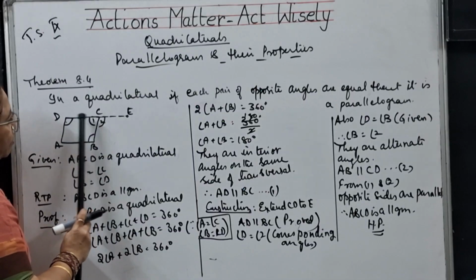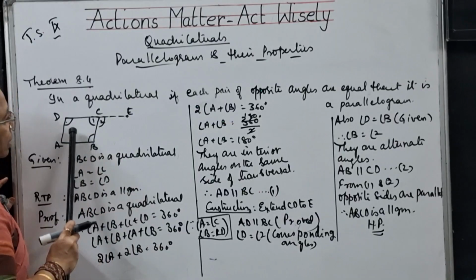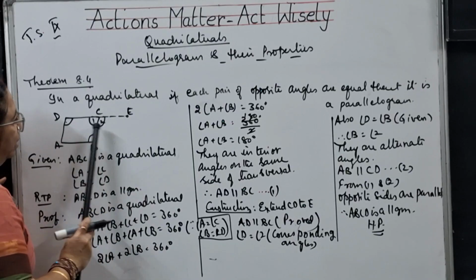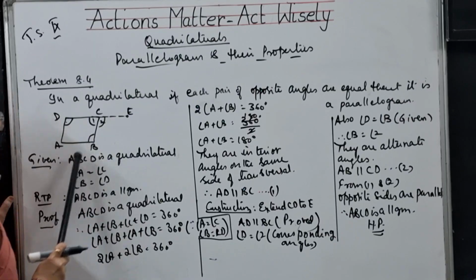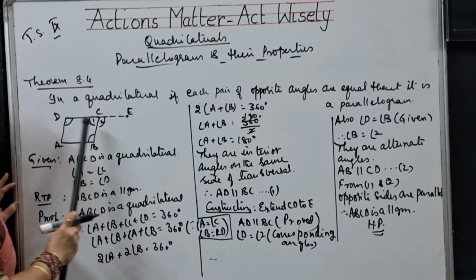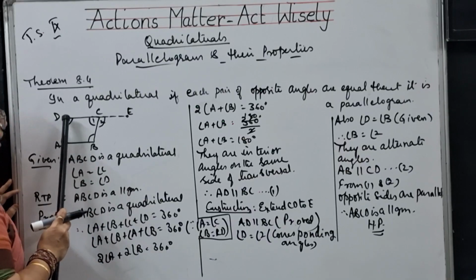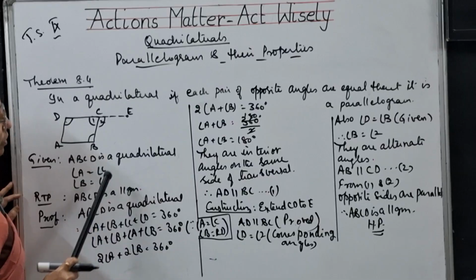The construction is I have extended DC to E. When I have extended DC to E, angle 1 and angle 2 are corresponding angles because already we have proved that BC is parallel to AD. So, angle 1 is equal to angle 2. They are corresponding angles. But angle D is equal to angle B, that is already given to us.